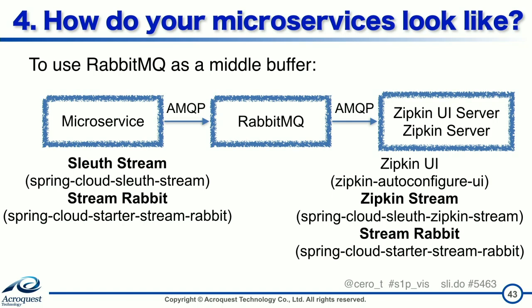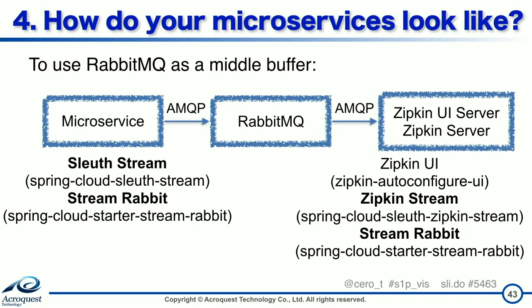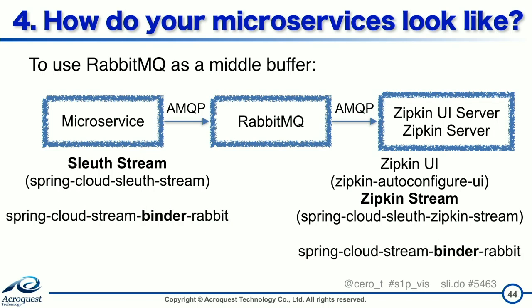On the other hand, on the server side, you need Zipkin UI and Zipkin Stream, Spring Cloud Sleuth Zipkin Stream. And Spring Cloud Starter Stream Rabbit is also needed. You can substitute Spring Cloud Stream Binder Rabbit for the Spring Cloud Starter Stream Rabbit. It's enough.